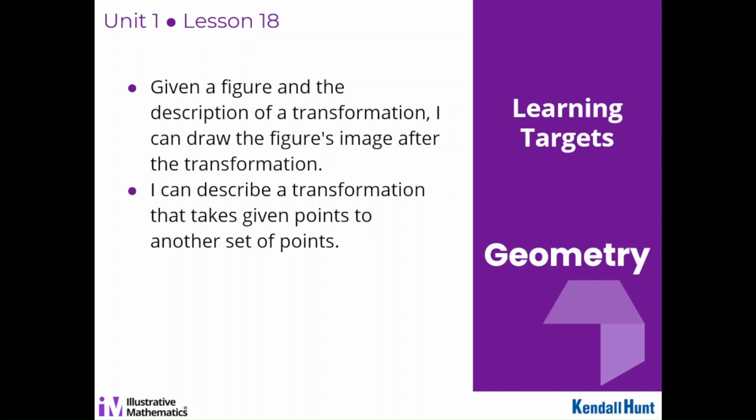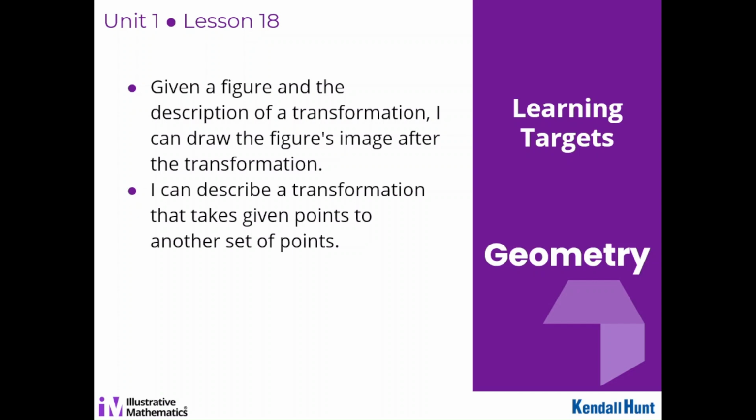Learning target number 2 says that you can describe a transformation that takes given points to another set of points. So this is just saying if you are given the original figure and you are given the image figure, you know how to describe how to get from one to the other.